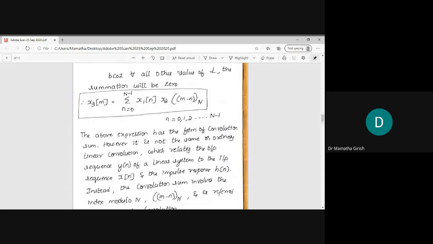The resulting equation for x3 of m is the summation of small n varying from 0 to n minus 1, x1 of n multiplied by x2 of (m minus n) modulo n. And please note that this is a standard equation for the circular convolution of two given sequences x1 of n and x2 of n.